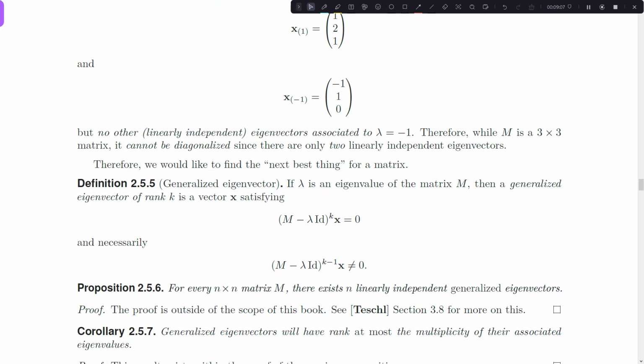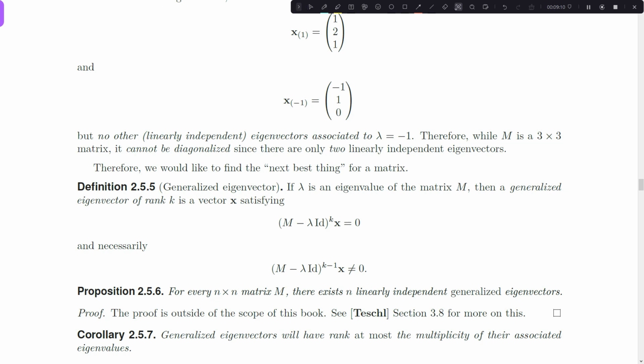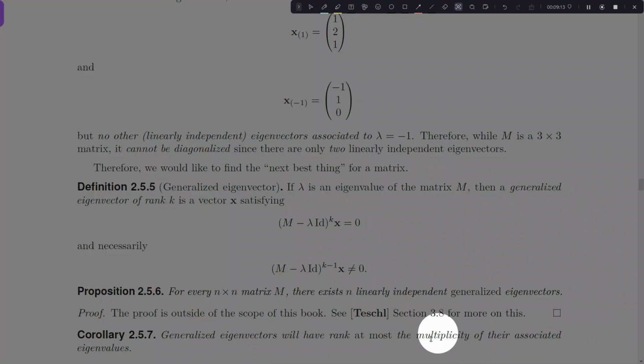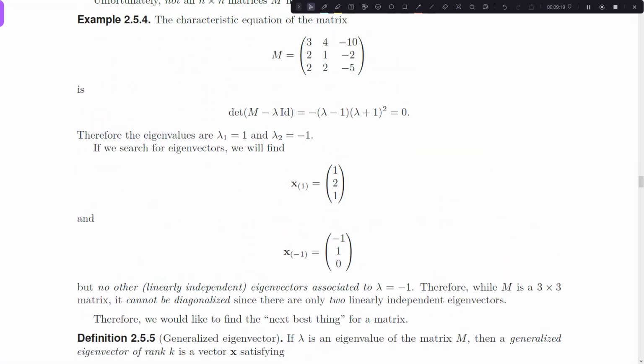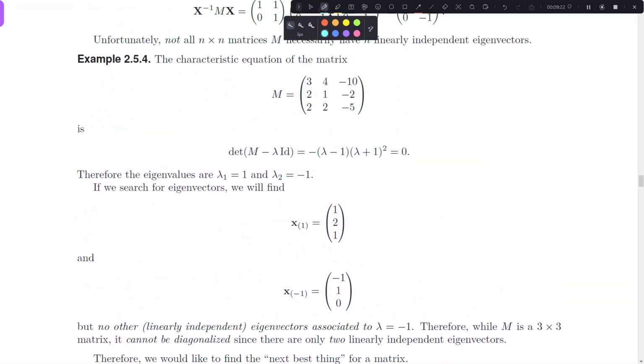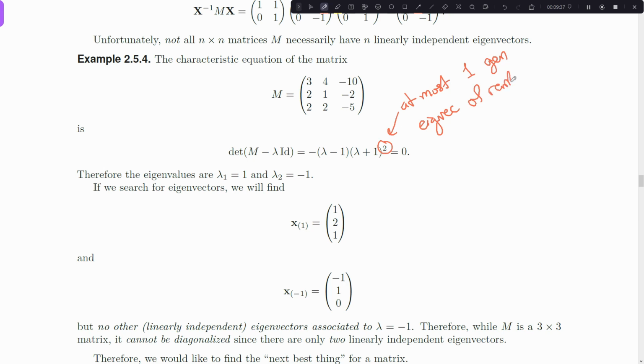There's a corollary that's part of the proof, and that says that generalized eigenvectors have rank at most the multiplicity of their associated eigenvalues. So what that's telling us in this case is that for my generalized cases, I can have at most one generalized eigenvector of rank 2, and then I'll have two generalized eigenvectors of rank 1.